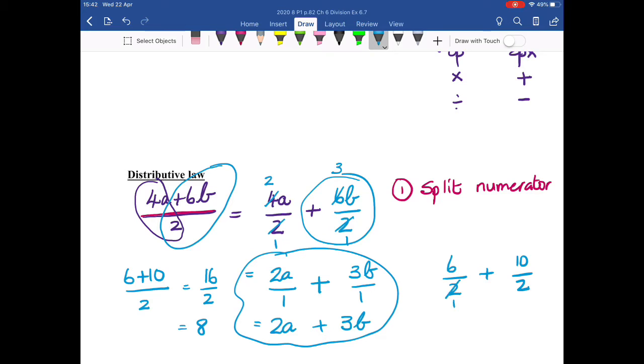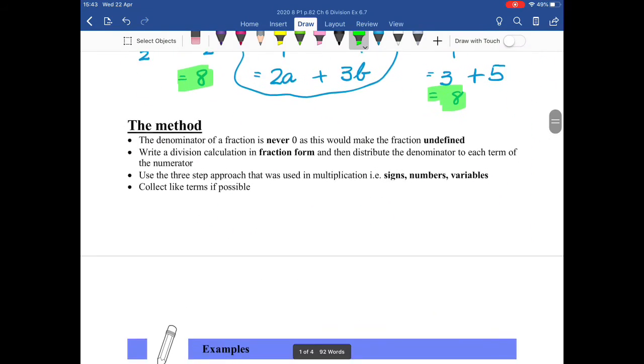I could simplify this. 2 goes into 2 once, 2 goes into 6 three times, so that is 3 plus 2 goes into 2 once, 2 into 10 goes 5. 3 plus 5 equals 8. You will see that my answers are the same. So we are using that in algebra to simplify. That's what we do when we do division.